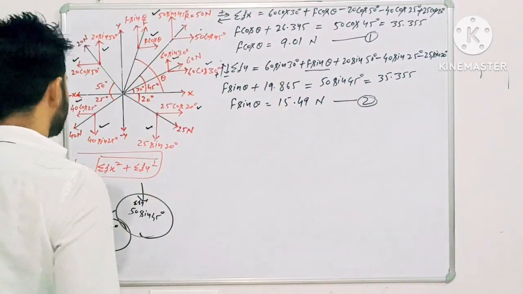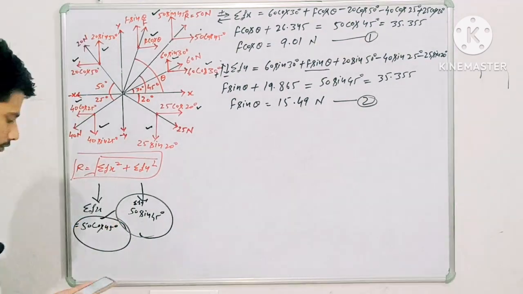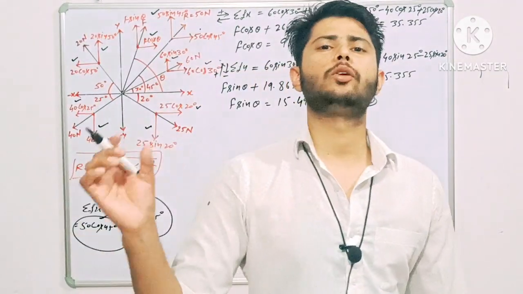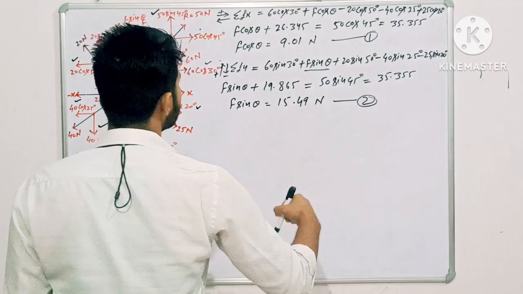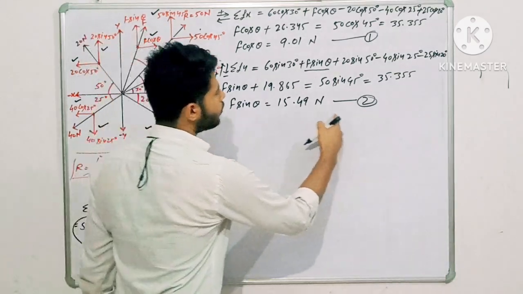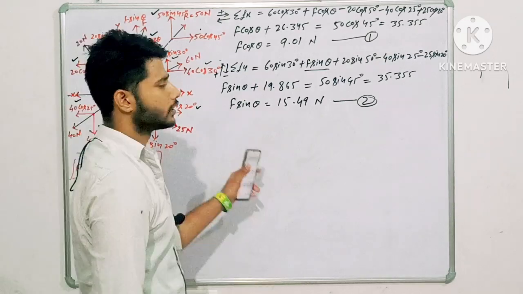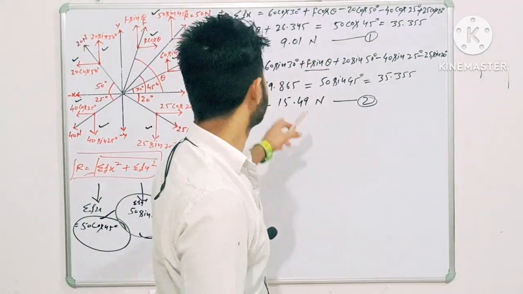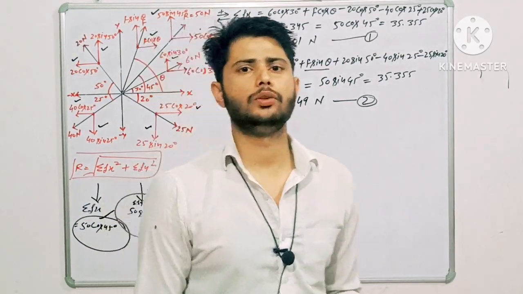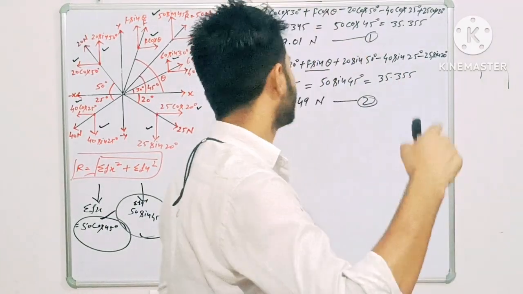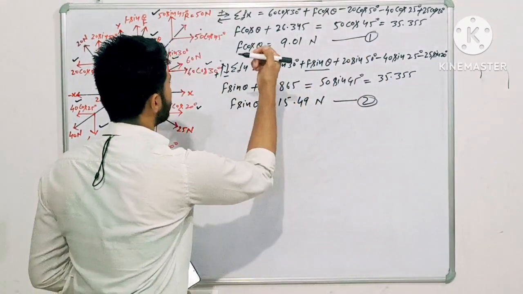Now come to the next. I am dividing 2 by 1, because in equation number 2 we have sine theta. If we divide it by cos theta, we will get tangent theta. Then we have to find the value of the angle.